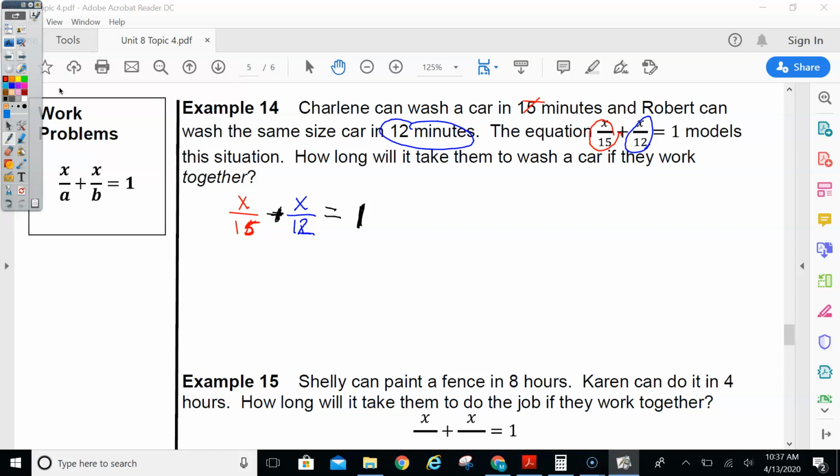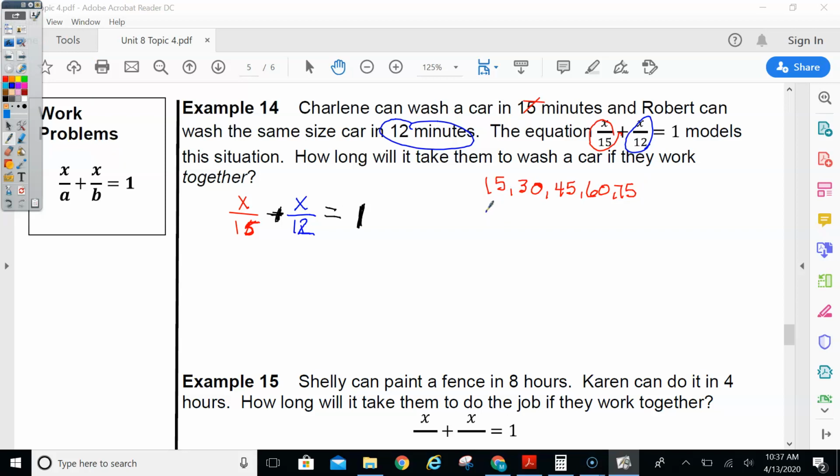So if you list the multiples of 15, it's 15 times 2 is 30, 15 times 3 is 45, times 4 is 60, and then times 5 is 75. So those are the multiples of 15, and then you do the multiples of 12.